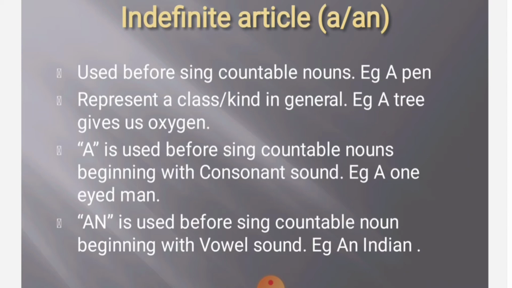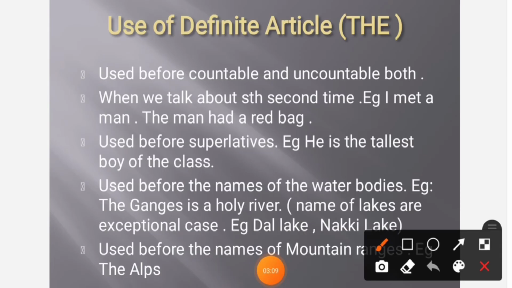Now in this slide we are going to talk about the use of the definite article the. First it says the is used before countable and uncountable nouns both, when we talk about something a second time. Example, I met a boy, I met a man. The man had a red bag. Right?